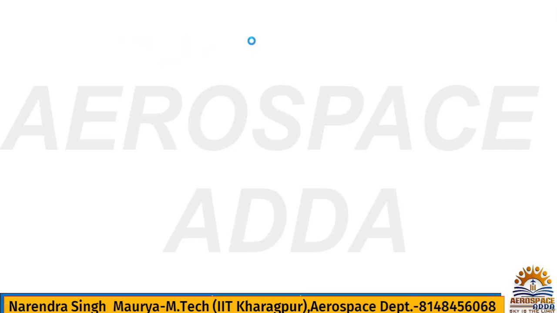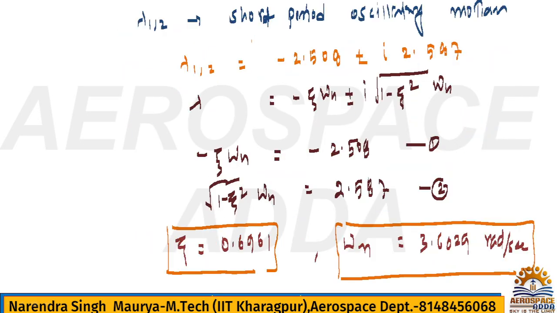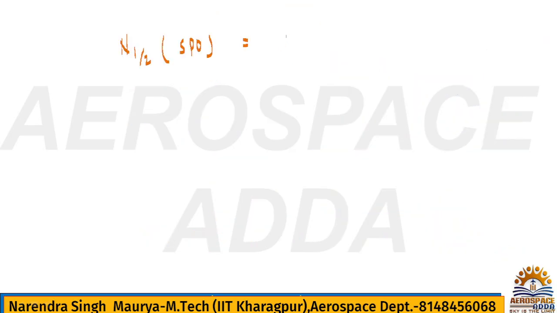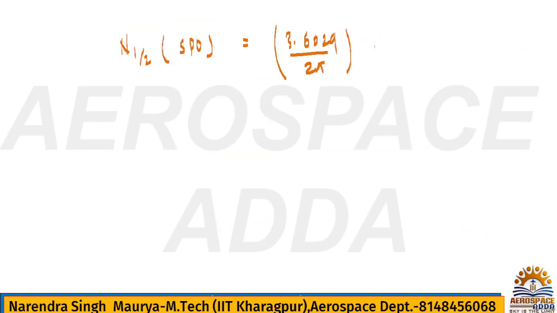For the number of cycles to half for the short period oscillation, SPO, just now you have calculated omega n. What is the omega n for the short period oscillation? Here you have written 3.6029. So 3.6029 divided by 2 pi into time to half, which is 0.2763 in terms of T cap.